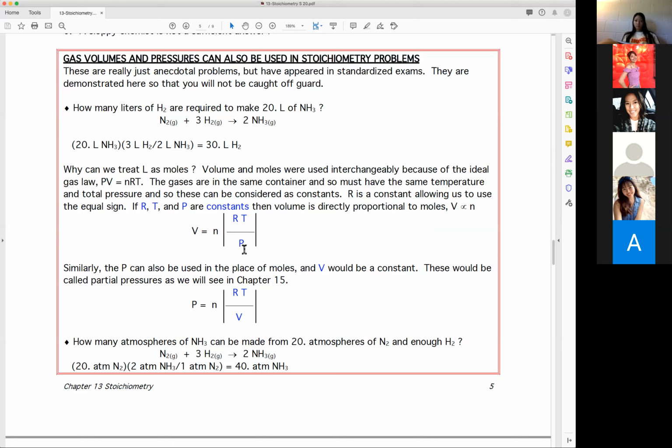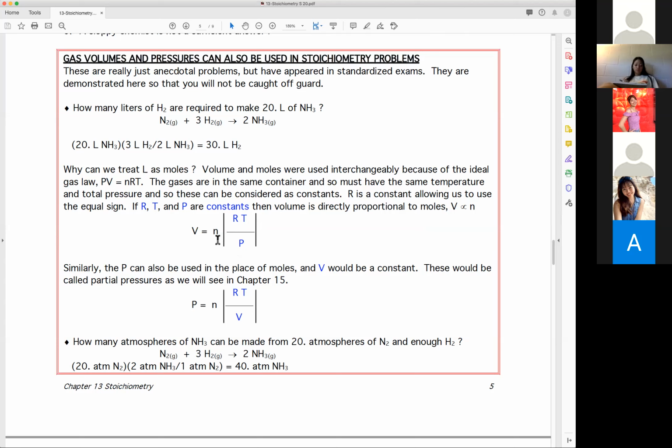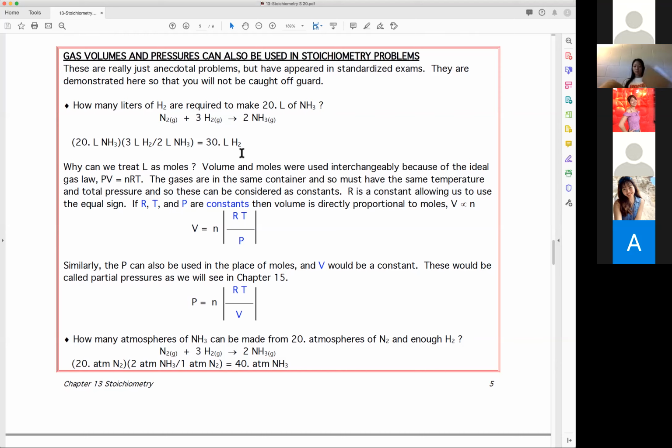So these are constants, and R is already a constant. So the volume is now equal to the moles times this constant. In other words, the volume is directly proportional to the number of moles. That's why we can treat it just like moles. Anyway, I'm not going to give you that kind of problem. I just want you to realize that you may come across those on a standardized exam, and I don't want you to be taken by it.